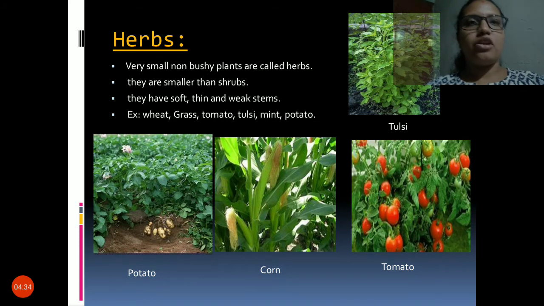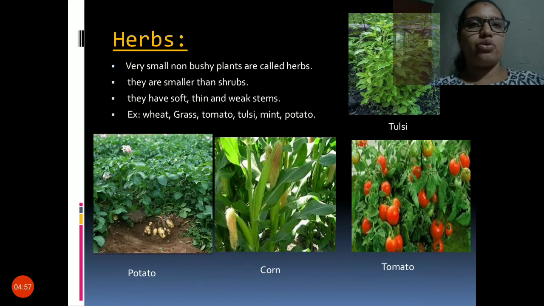But herbs are non-bushy plants. Keep in mind, they are smaller than the shrubs. Compared to shrubs, their branches are fewer. They have soft, thin, and weak stems. Shrubs have strong stems, but herbs have weak and thin stems.